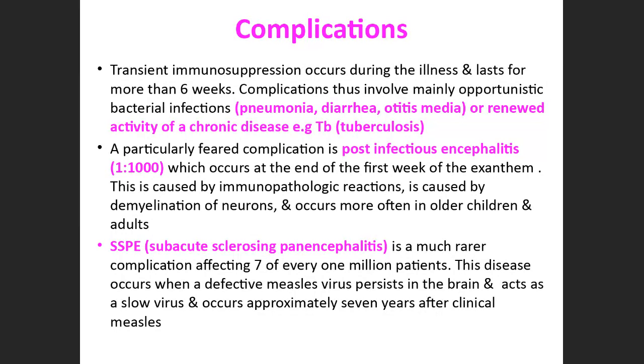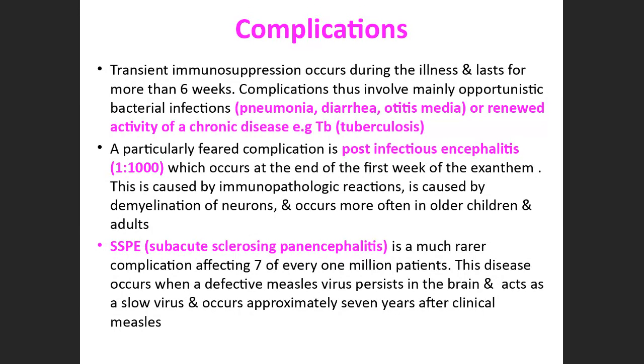Like if there was any tuberculosis, then reactivation occurs. A particularly feared complication is post-infectious encephalitis, which occurs in around 1 in 1000, at the end of the first week of the exanthem.